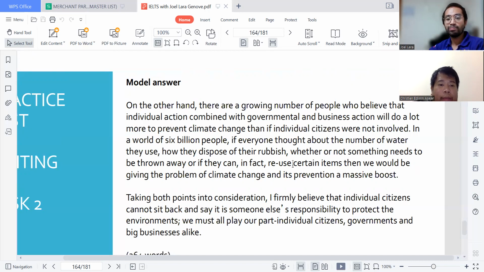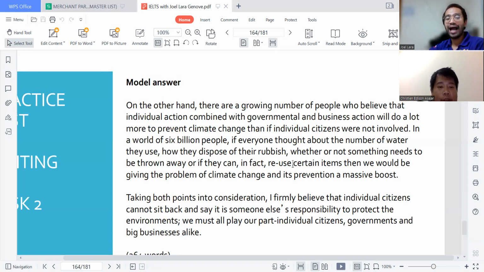In a world of 6 billion people, if everyone thought about the amount of water they use, how they dispose of their rubbish, whether or not something needs to be thrown away, or if they can, in fact, reuse certain items, then we would be giving the problem of climate change and its prevention a massive boost. It talks about individuals, right?